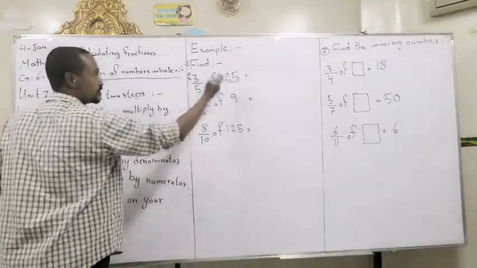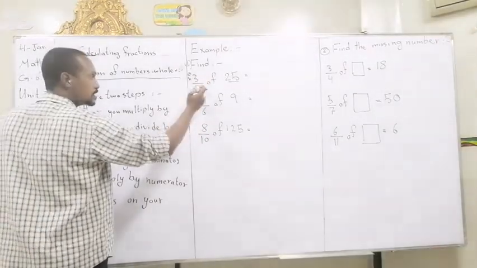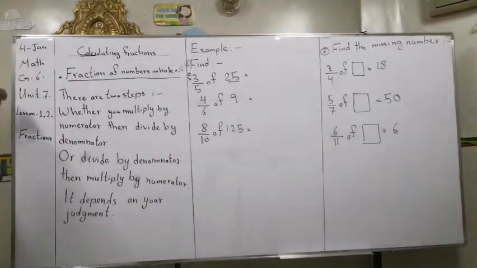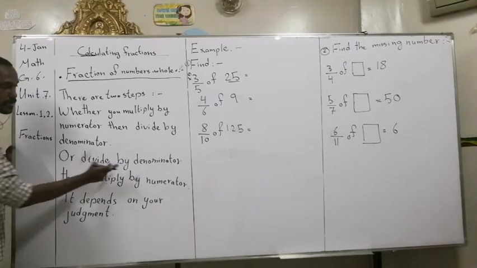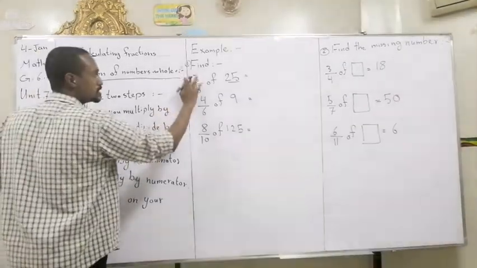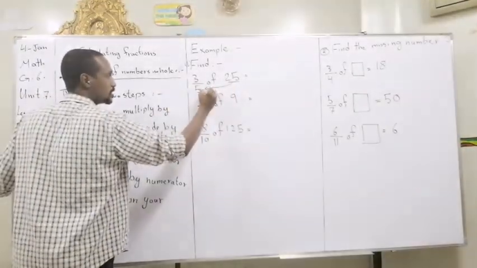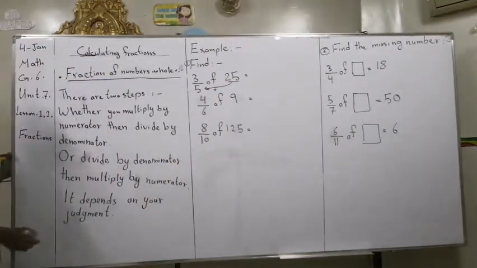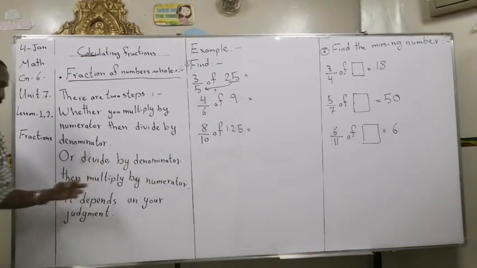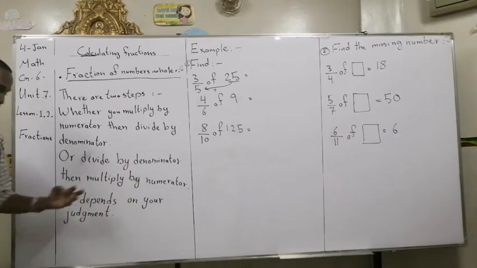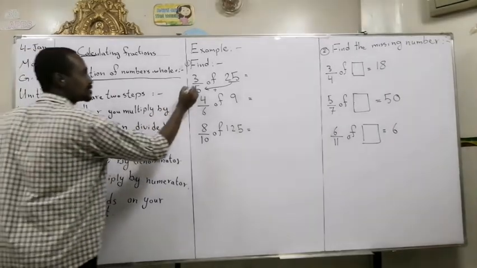That means 25 multiplied by 3, then divided by 5. Or divide by the denominator first. That means 25 divided by 5, then multiply the answer by the numerator.